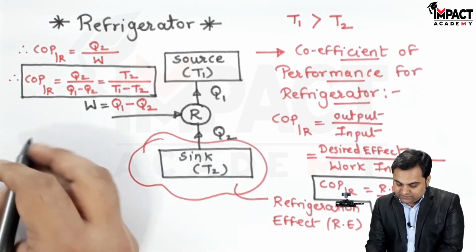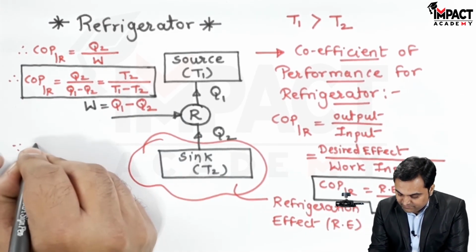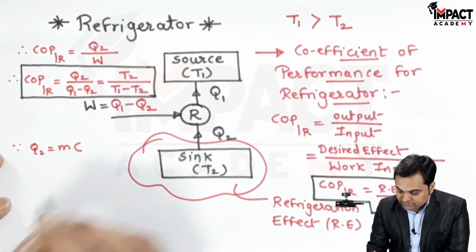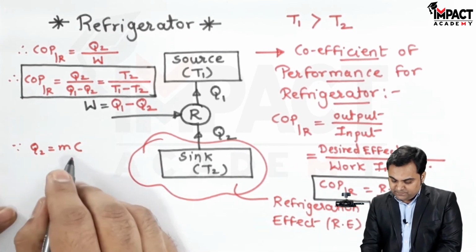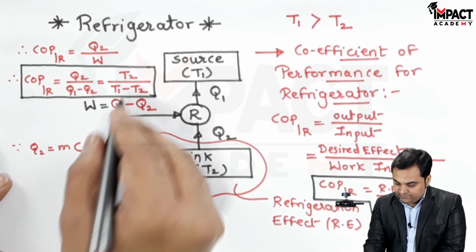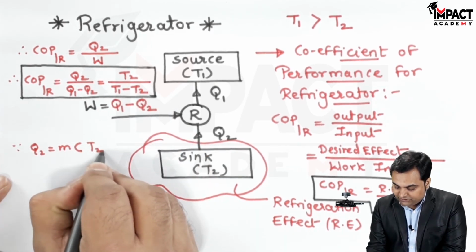Because heat is given by the formula, if it is Q2 then it is M C T2, where M is the mass, C is the specific heat of the refrigerant, and T2 is the temperature.